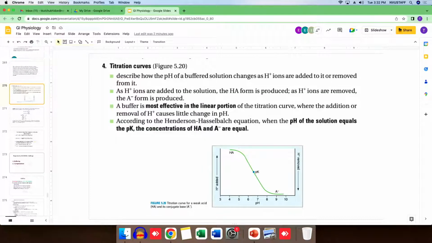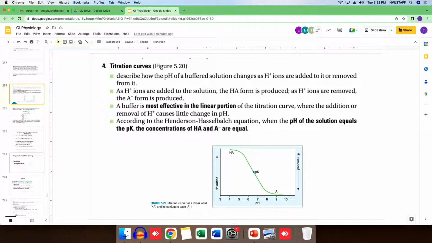And the titration curve, our favorite, which I mentioned. In the titration curve, we see how the pH is buffering the acid solution, and how the added H pluses are removed. When H ions are added to the solution, we have the HA combination, accepting the H ions.